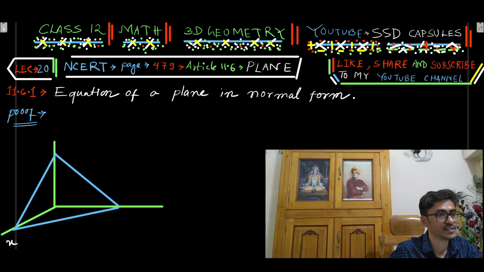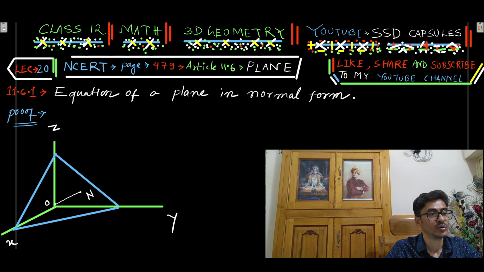Say x-axis, this is y-axis, this is z-axis, this is the origin. Now first we will draw a perpendicular from the origin to the plane and name this point, which is the foot of the perpendicular, as N. So let us consider this as n vector.